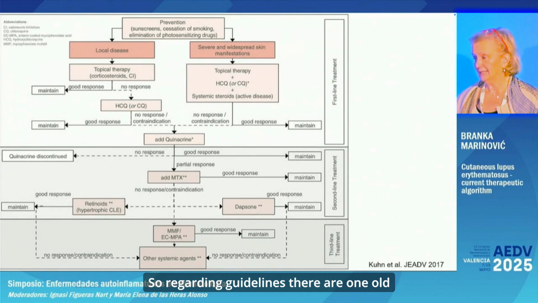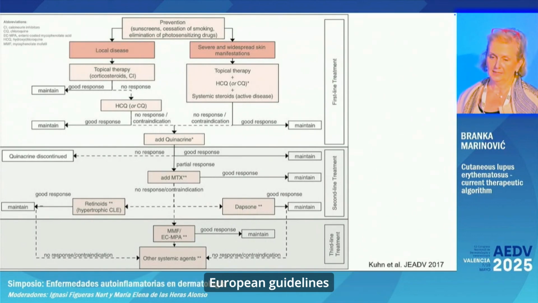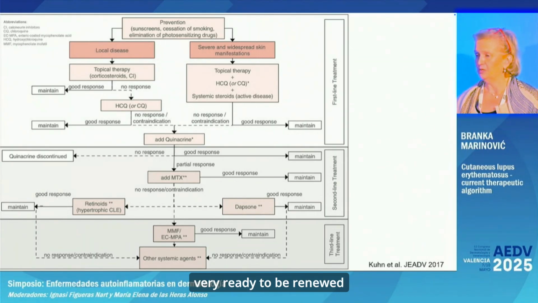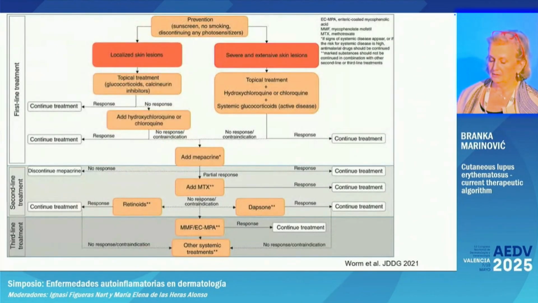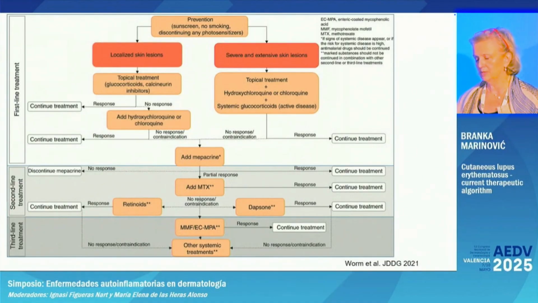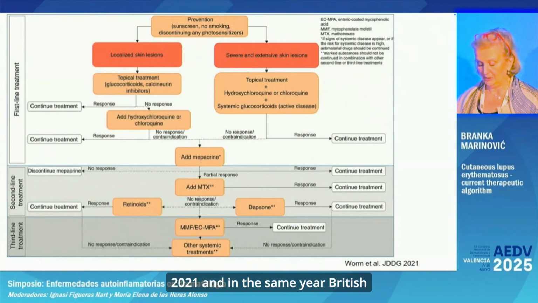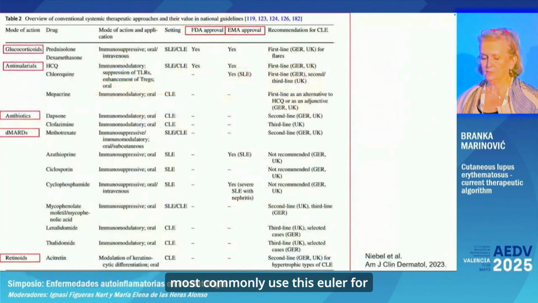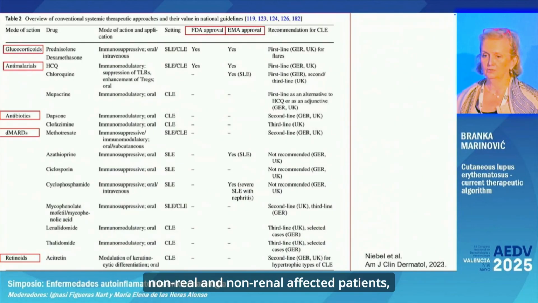So regarding guidelines, there are old European guidelines that were published in 2017 and that are very ready to be renewed. The slightly newer ones are German from 2021, and in the same year, British guidelines were published. So when we speak about guidelines, we most commonly use this EULAR for non-renal affected patients.